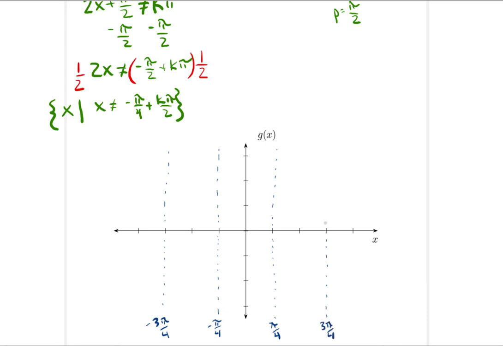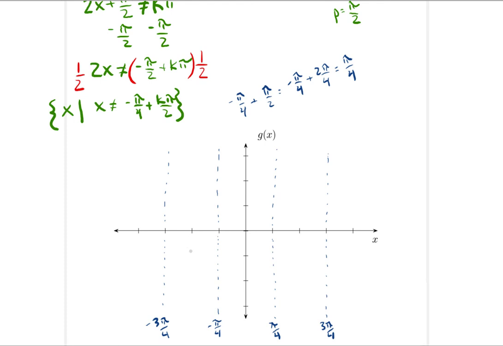So get a common denominator if you need it. So for example, negative pi over 4 plus pi over 2. Well, that's negative pi over 4 plus 2 pi over 4. And that's how I knew to put my next asymptote right here at pi over 4. All right, and so we have that.